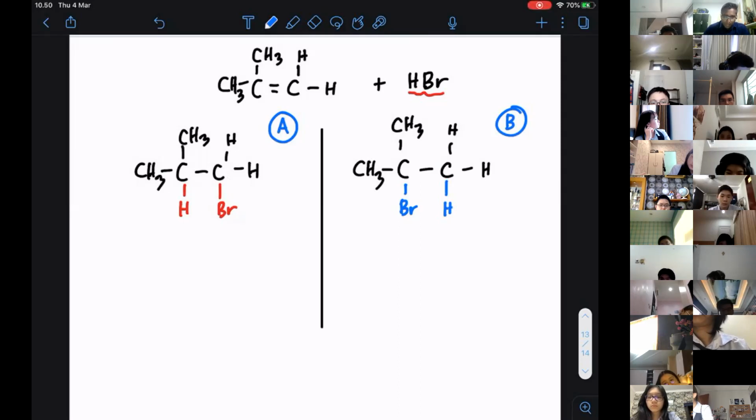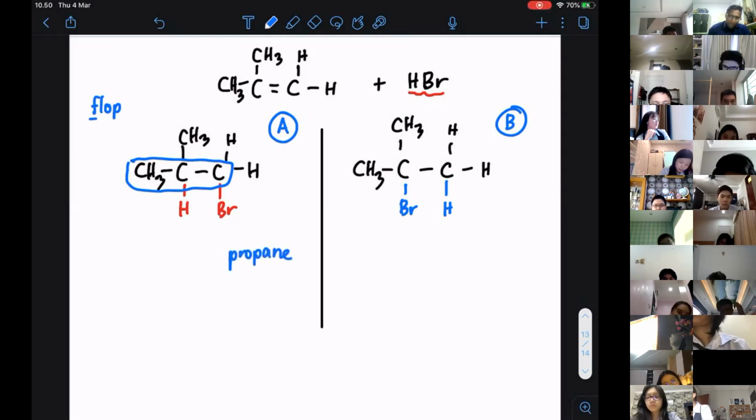The longest carbon chain that I have over here is 3 carbons. If you use the FLOP method, functional group, this is all alkane, so this is going to be propane. And the longest carbon chain we found out is 3. Then we look into the position of the groups as well.